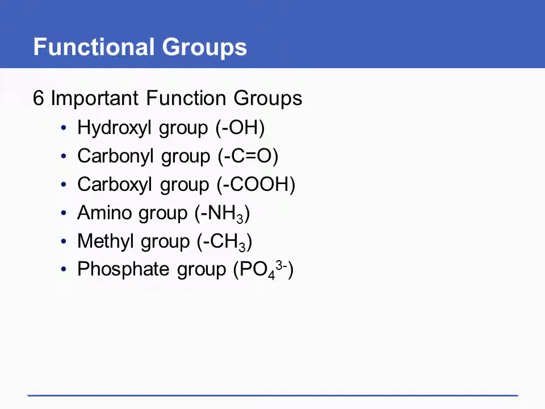An amino group, which is an NH3, a methyl, CH3, and then a phosphate group, which is a PO4, a phosphorus attached to 4 oxygen atoms and has a charge of -3. Don't worry about the charges, but these 6 groups you will see over and over again.